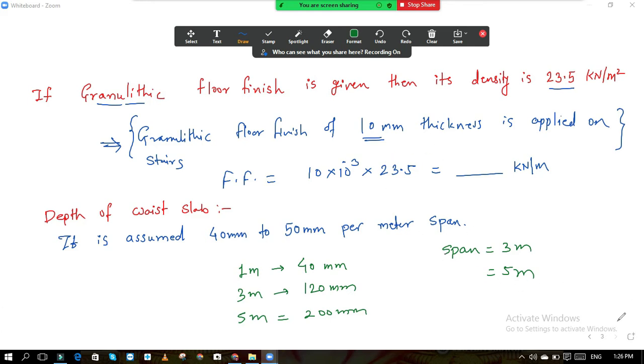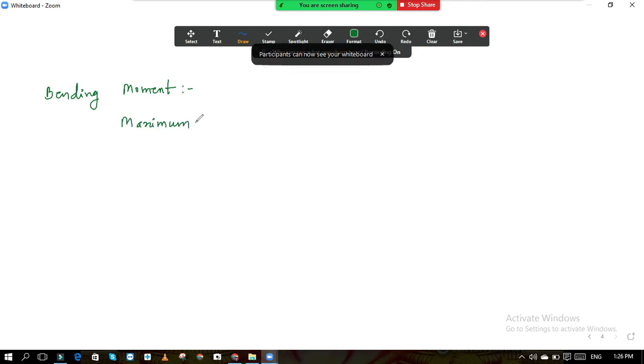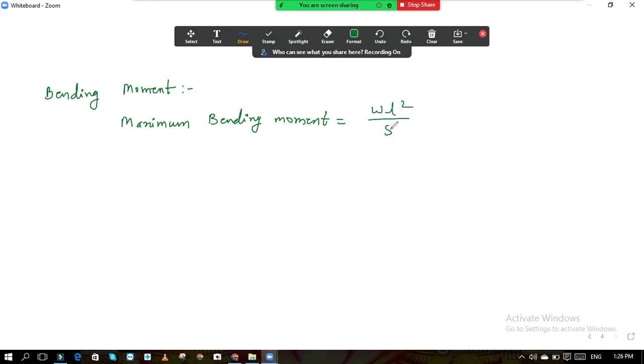Then the next thing is the bending moment. Okay. The maximum bending moment is taken as WL square by 8.